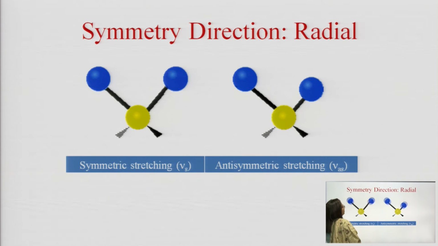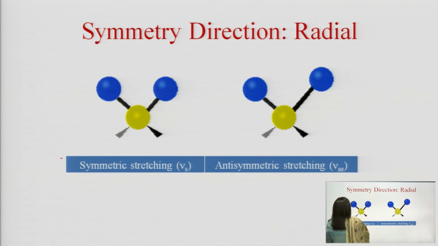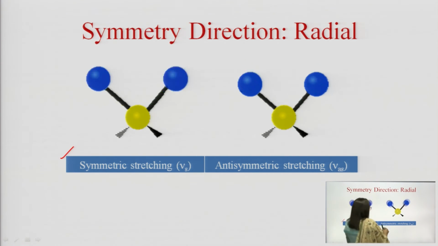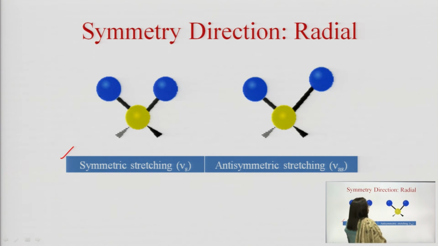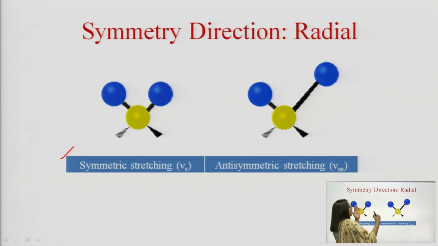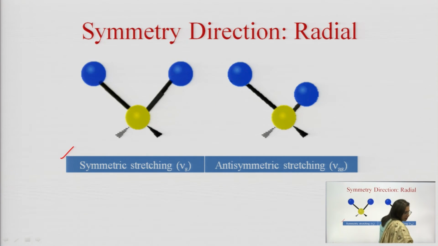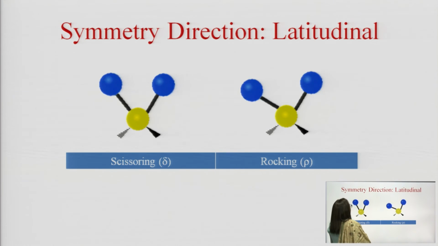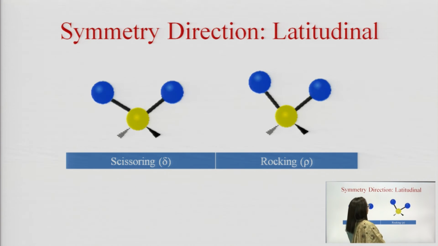Here we can see the radial movement: symmetric stretching, that means in the similar direction the stretching is taking place. Anti-symmetric stretching, that means in the opposite direction the stretching is taking place.